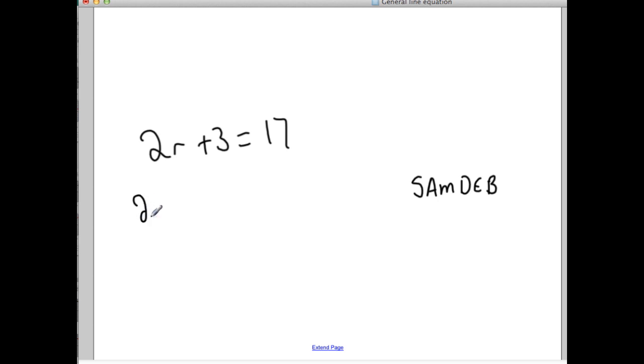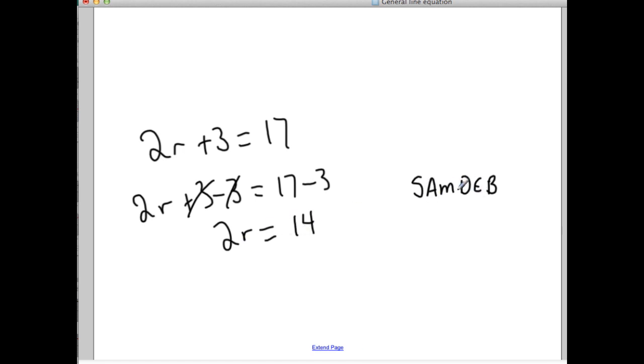So I'm going to do my 2r plus 3. Well, the opposite of adding 3, again, is subtracting 3. But what I do to one side, I need to do to the other. So here, the plus 3 and the negative 3 cancel each other out, so I'm left with 2r. 17 subtract 3 is 14.